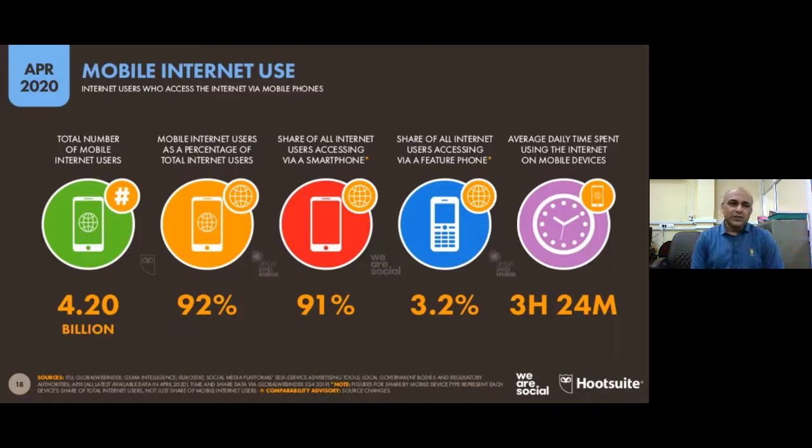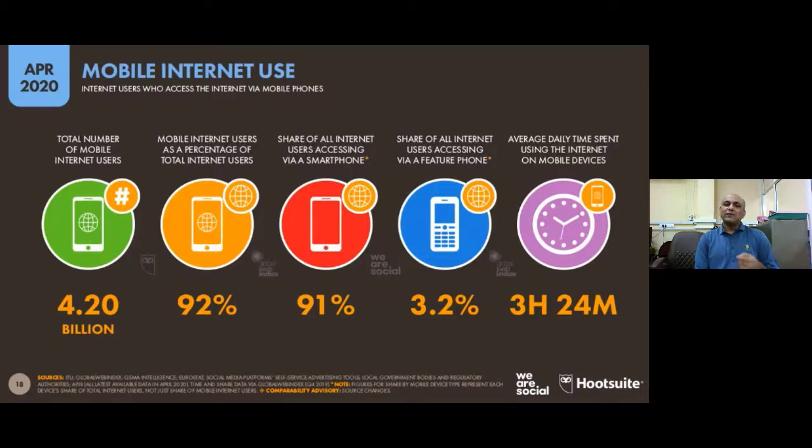Mobile internet users as a percentage of the total internet users is a whopping 92%. The share of all internet users accessing via smartphone is 91%. The share accessing via feature phone is just a very small population, about 3.2%.